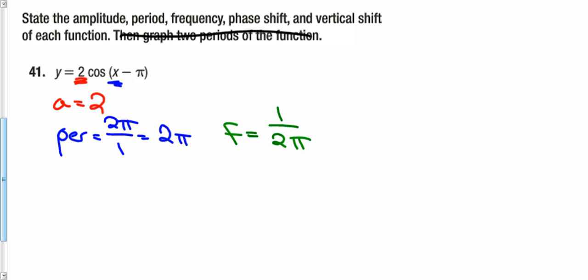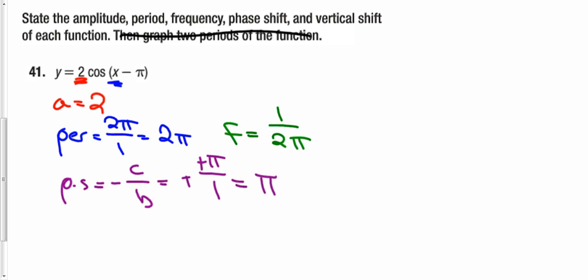Phase shift is equal to negative c over b, which is going to be equal to negative pi over 1. The negatives cancel each other out. So my phase shift is pi. So now if I were to graph this, the wave crest will be higher, the period is not changed, and everything is shifted pi to the right.